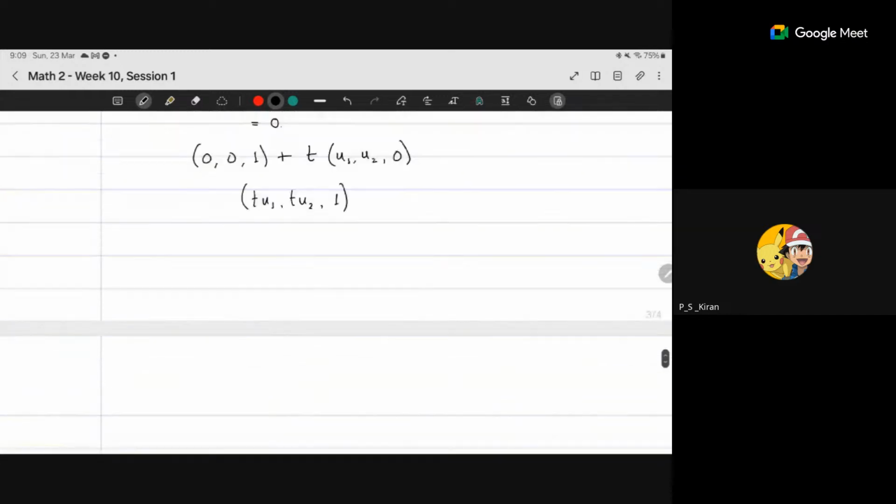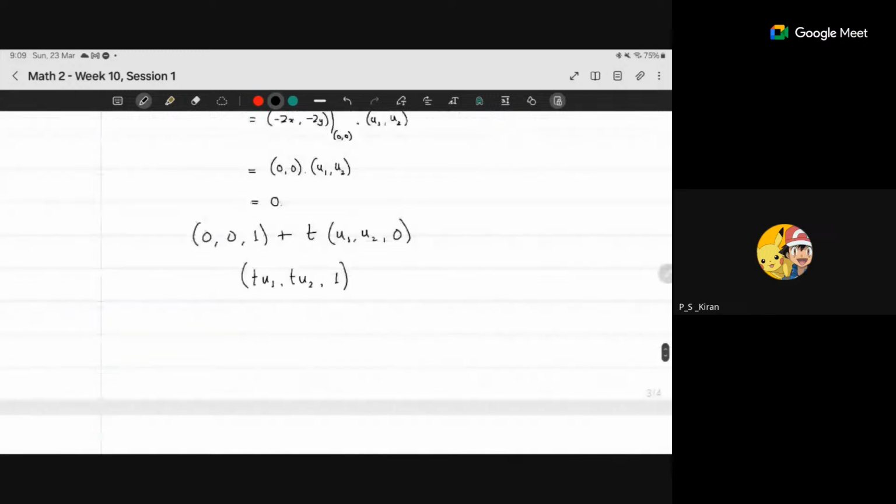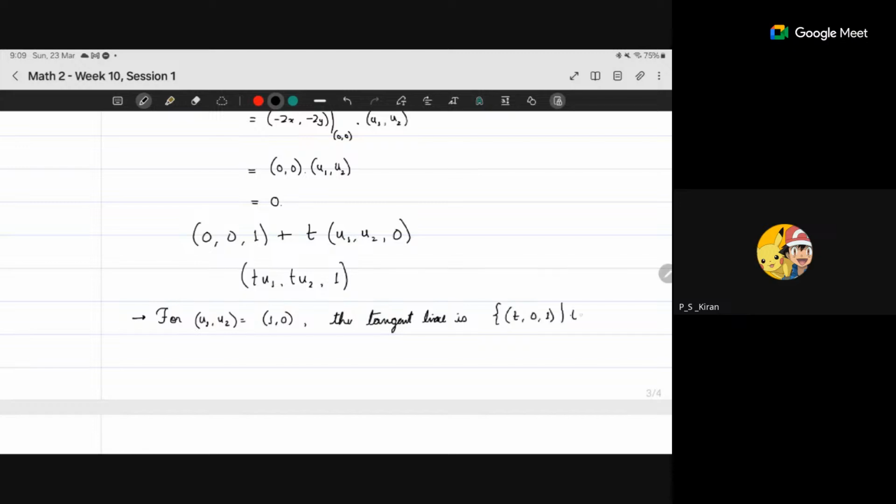As you vary t, you will get different values. So suppose I take u1, u2 equal to, let's say, 1, 0. The tangent line is t, 0, 1. So the tangent line is always a one parameter family, right?